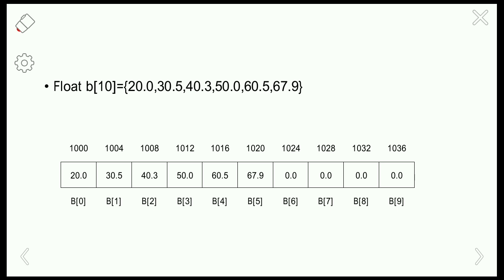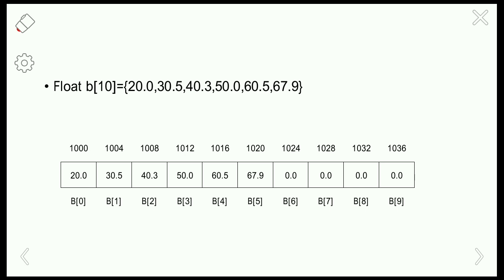Here there are only 6 values given: 20.0, 30.5, 40.3, 50.0, 60.5, and 67.9. But the assigned memory is 10 locations. If you are not assigning values for some of the given locations, it will assume the values as 0.